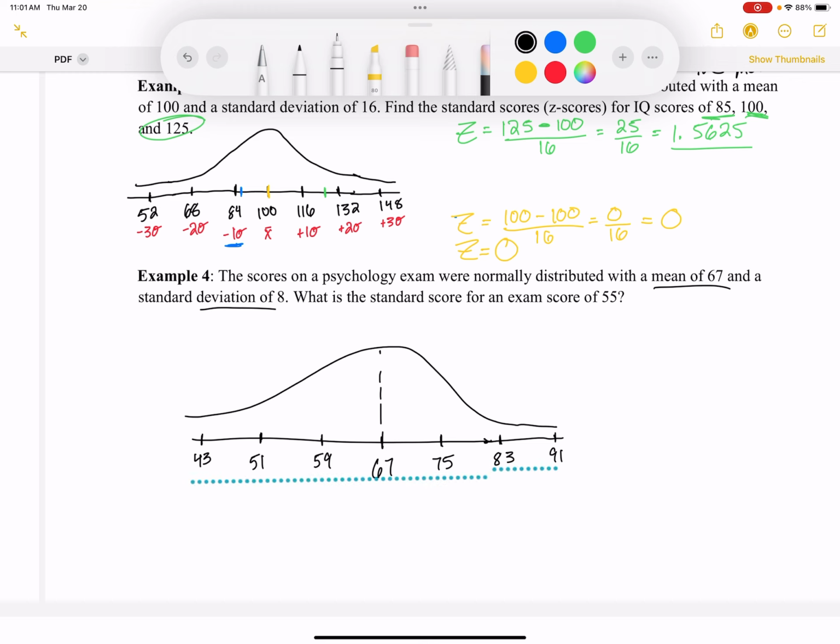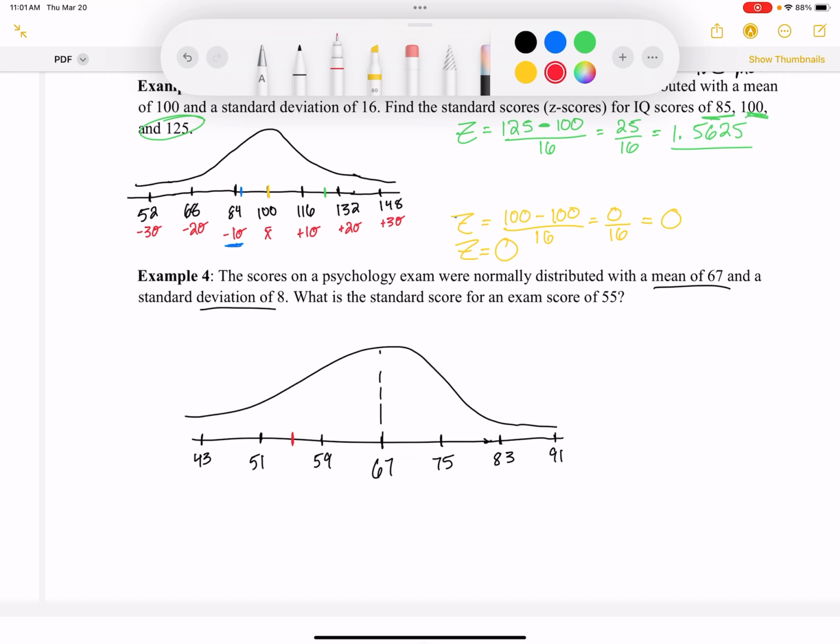All right. Now, we're trying to figure out the z-score, or the standard score, for a grade that is 55, right? 55, about right there.